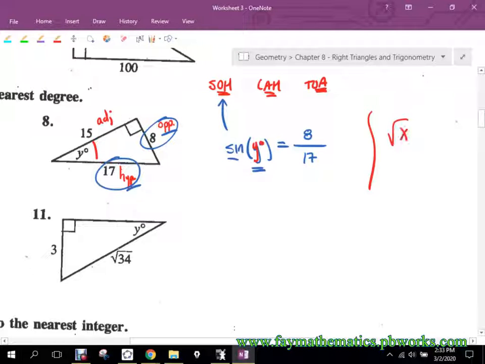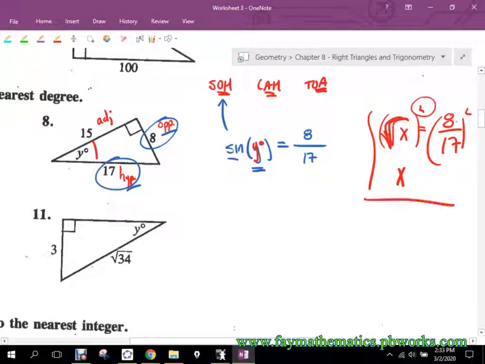If I have the square root of x is equal to 8/17, to get that x out and the root to disappear, don't I have to square this side and then square that side, right? And I think we talked about the power of 2 and your root being inverses, right? They undo each other. Same thing on a much simpler basis.